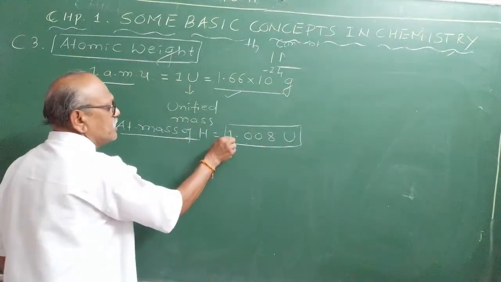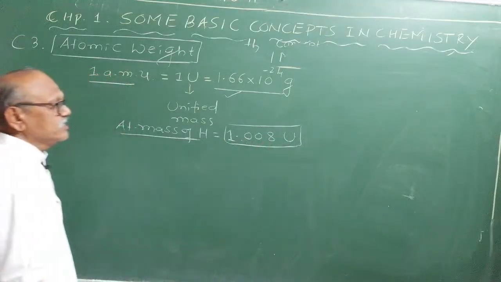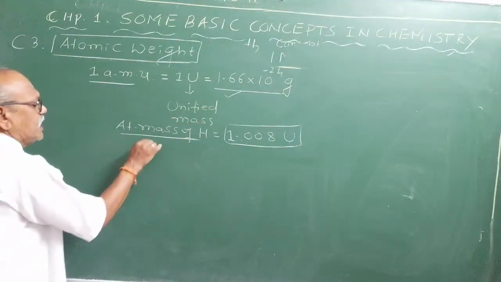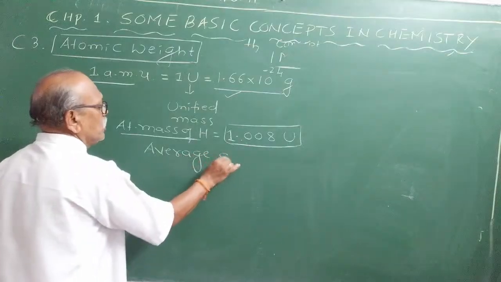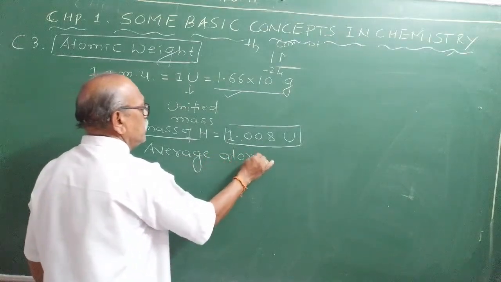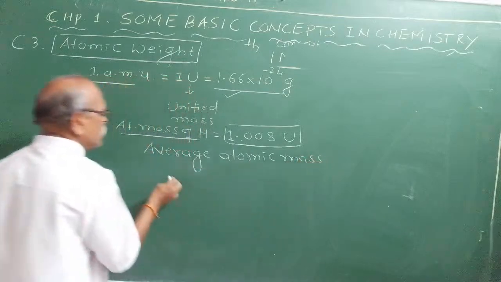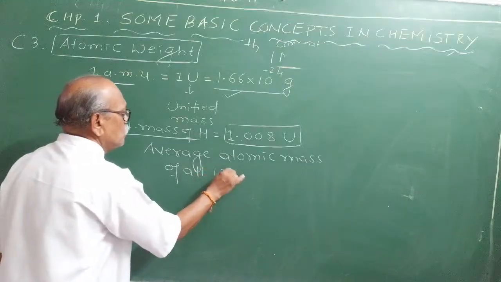So whatever atomic masses are expressed in your periodic table, they are decimal numbers. Why are they decimal numbers? Because whatever atomic mass is expressed, it is the average atomic mass, the average of the atomic masses of all isotopes.